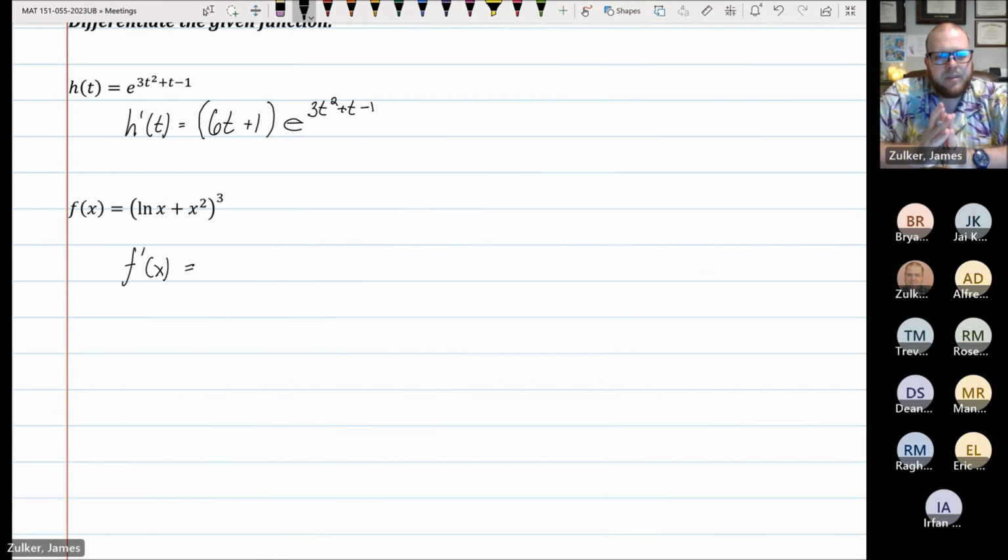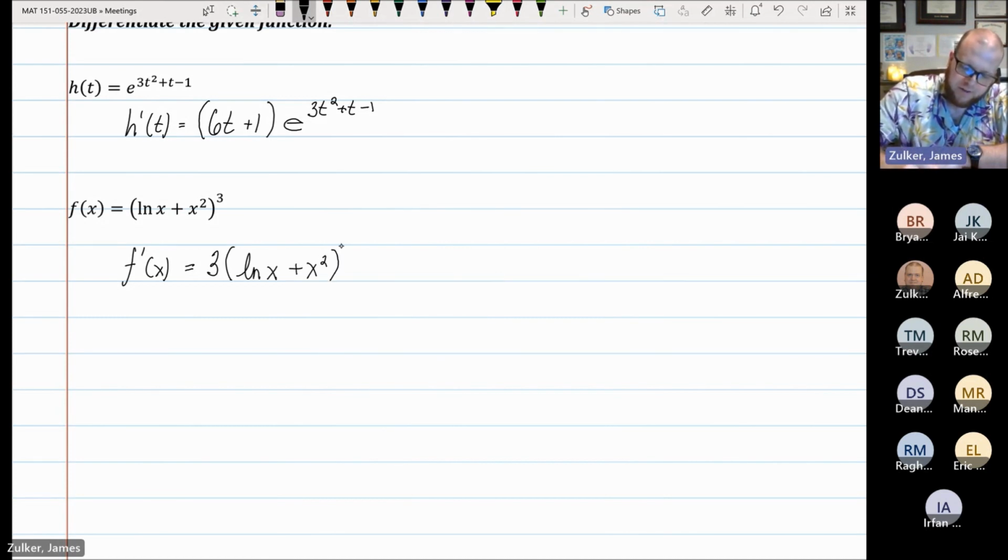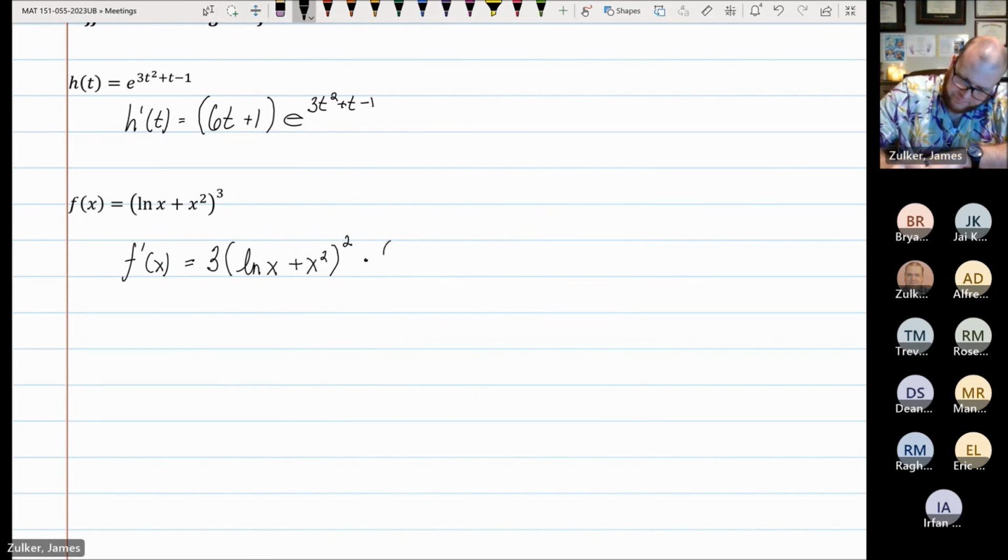General power rule gives us 3 times the quantity natural log of x plus x squared, raised to the second power, times the derivative of what's inside.